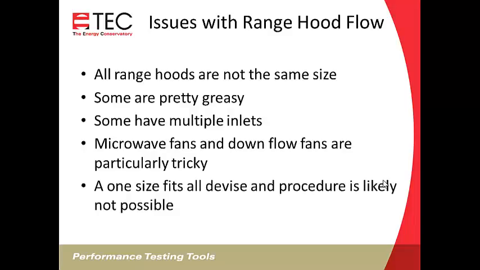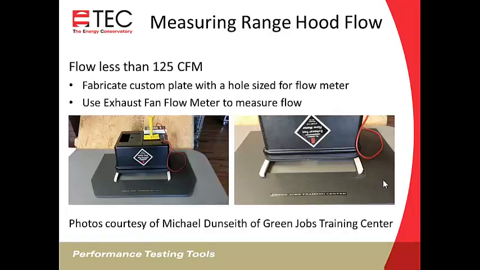In a one-size-fits-all device or a one-size-fits-all procedure, it really is not going to be possible. So you need to be flexible and do different procedures based on what you find, what the conditions are at that house. So for flows less than 125 CFM, it's pretty straightforward.